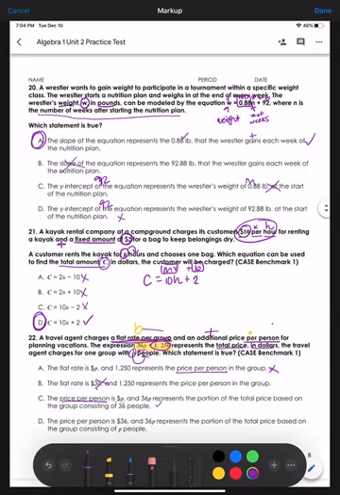The price per person is 36. Yes, 36 per person. And 36p represents the portion of the total price based on the group consisting of p people. This is more right. So I guess they were saying that the 36 is the people, but that's the cost, so this is not right. 36 is the dollars, and p is the number of people, so D is correct.